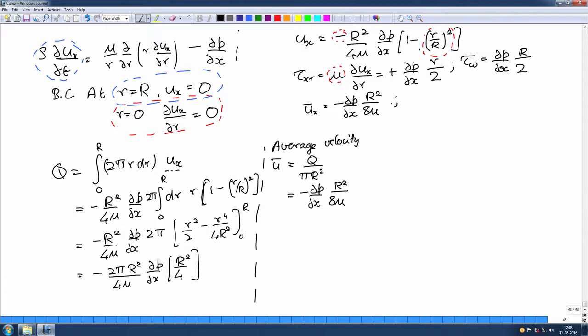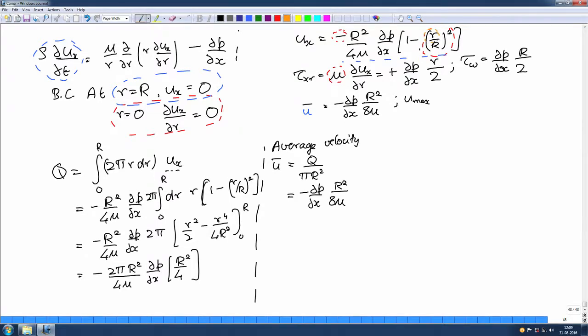What is the maximum velocity? The maximum velocity is the velocity when r is equal to 0, because the velocity has a maximum at the center of the pipe. I just use u bar for the mean velocity. The maximum velocity is just the velocity if I substitute r is equal to 0 in this expression.